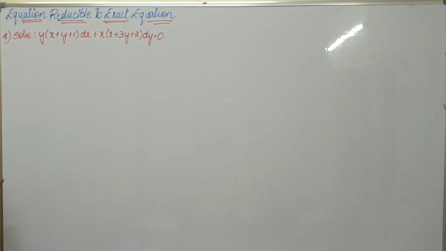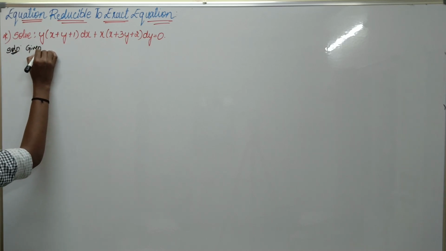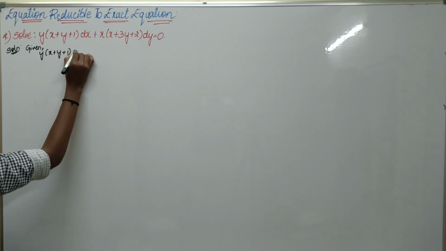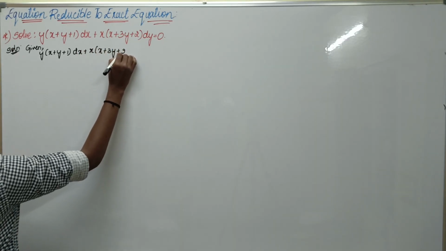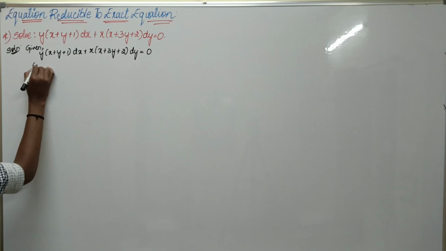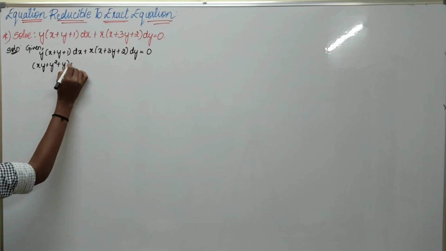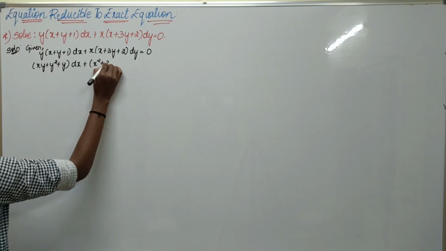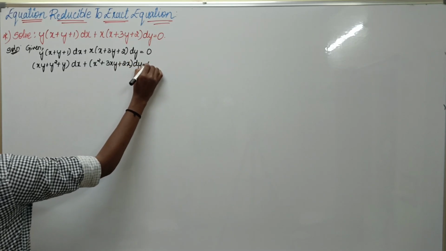First, represent the given equation: y into (x plus y plus 1) dx plus x into (x plus 3y plus 2) dy equal to 0. Now multiply: (xy plus y square plus y) dx plus (x square plus 3xy plus 2x) dy equal to 0.